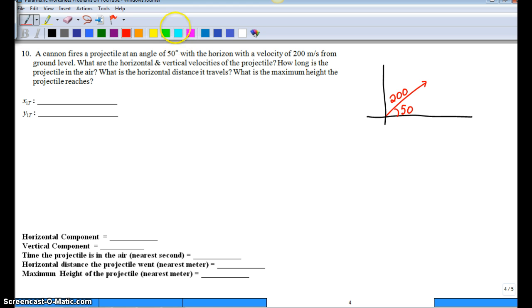So if you want to look at this in terms of vectors, let's take a look here. We're going to break this vector, whose magnitude is 200 and angle is 50, into its x and y components.